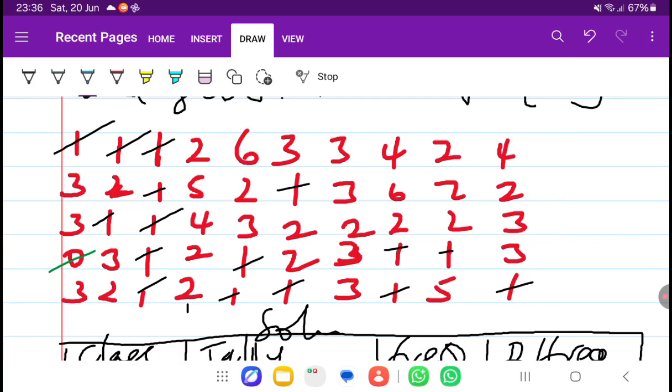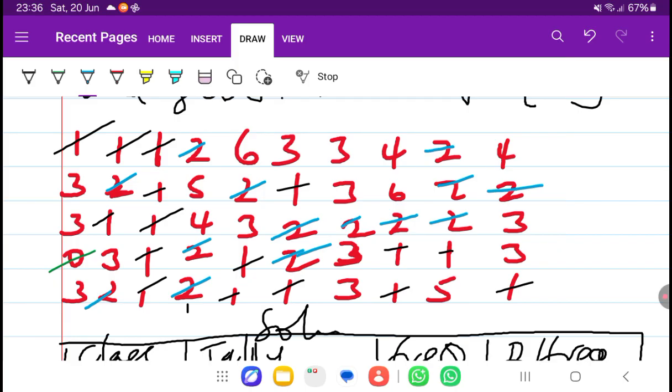If we go to 2, how many 2s are we having? This is 1, this is 2, 3, 4, 5, 6, 7, 8, 9, 10, 11, 12, 13, 14. The 2s that we have here are 14.